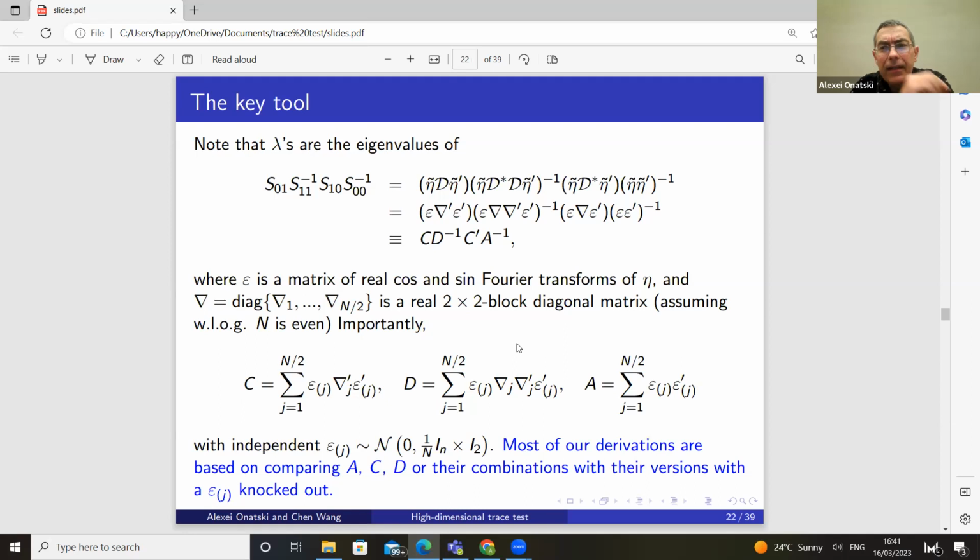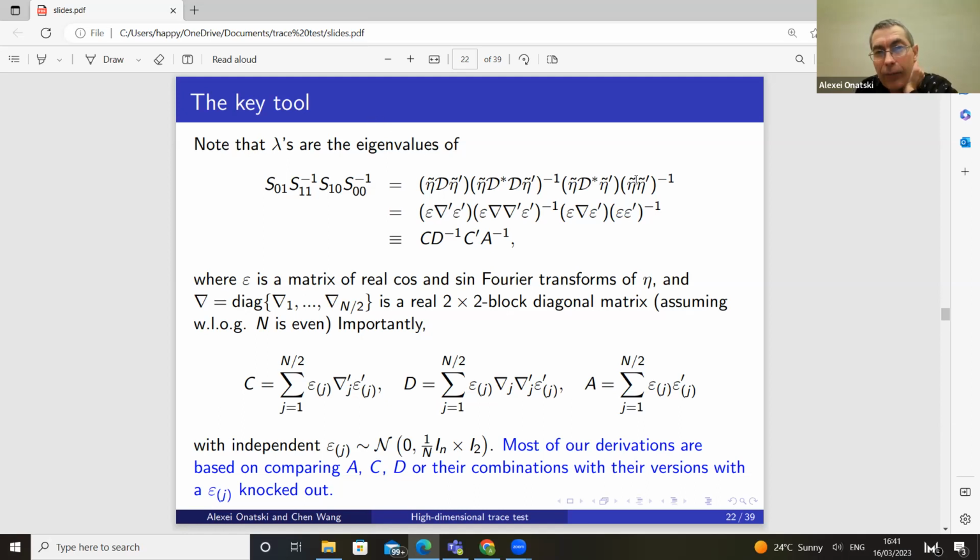Well, the key tool, which is used again and again in this paper and also in the paper by Zhidong Bai and Jack Silverstein, is as follows. Here, remember, we are analyzing eigenvalues of this product of four matrices, and then building the Stieltjes transform of those eigenvalues.